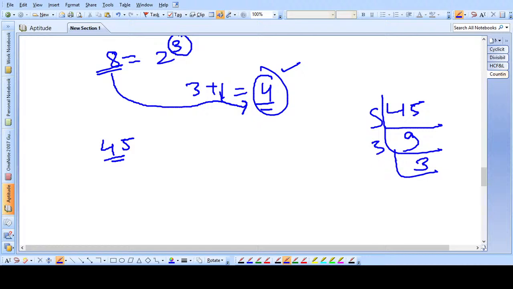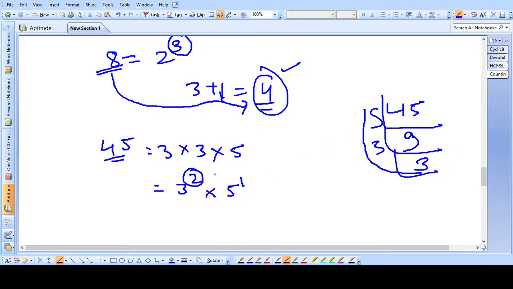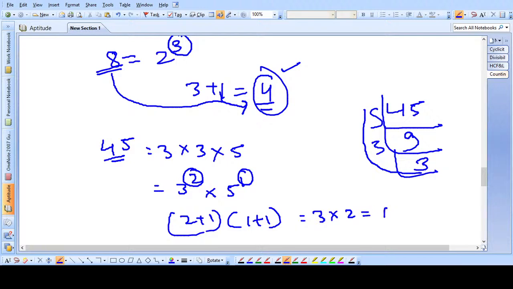Nothing more than that. So 3 into 3, I am starting from the smaller, into 5. This can be written as 3 squared into 5. What is the power of 5? 1. Take both these powers, add 1 to each of them and multiply. This will be 3 into 2, that means 6.